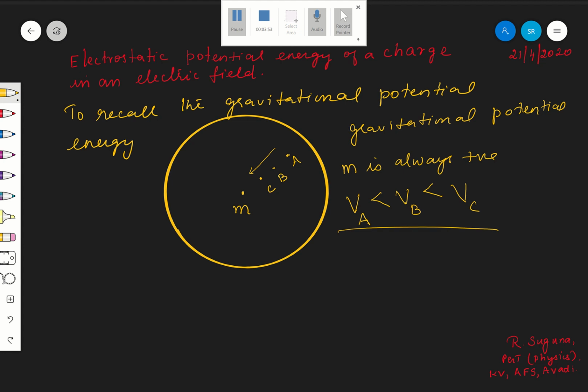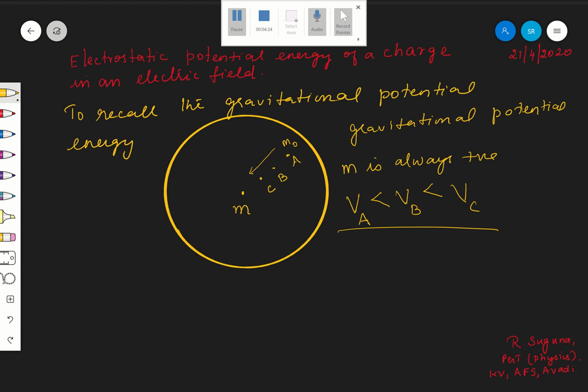Next, I am going to keep a test mass M0 at A. If I keep a test mass at any point in the gravitational field, then the test mass M0 acquires some gravitational potential energy.